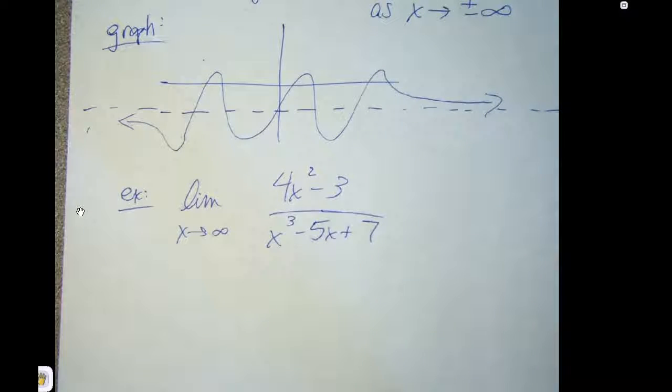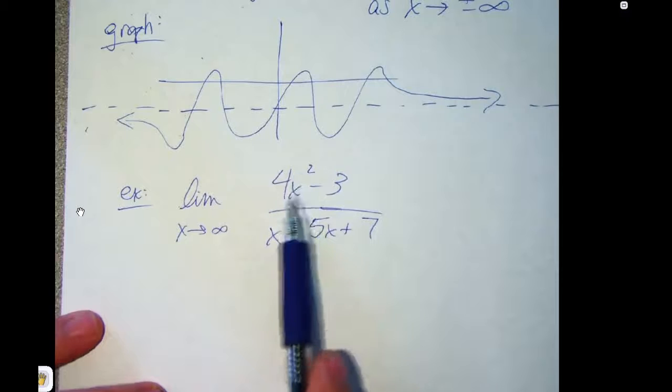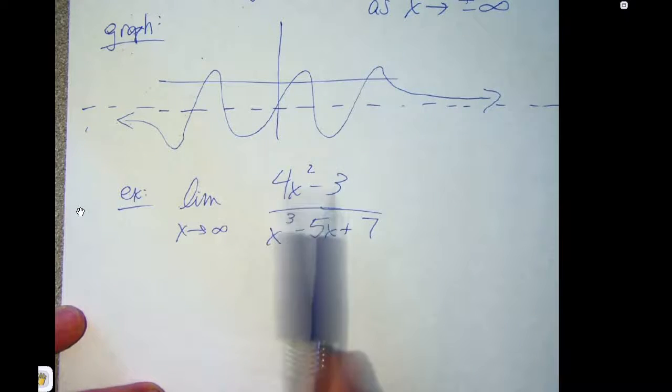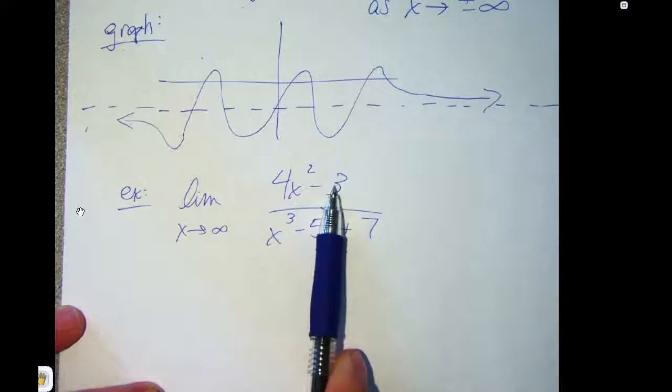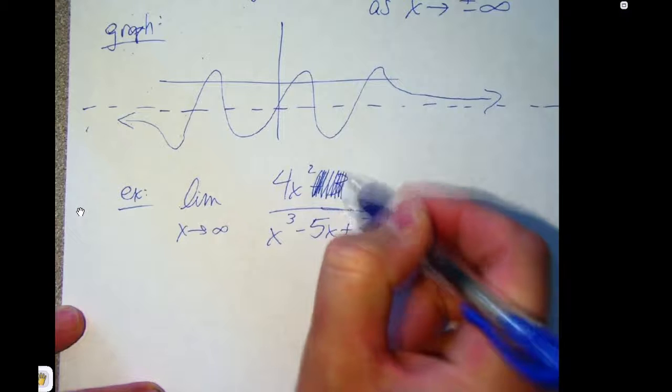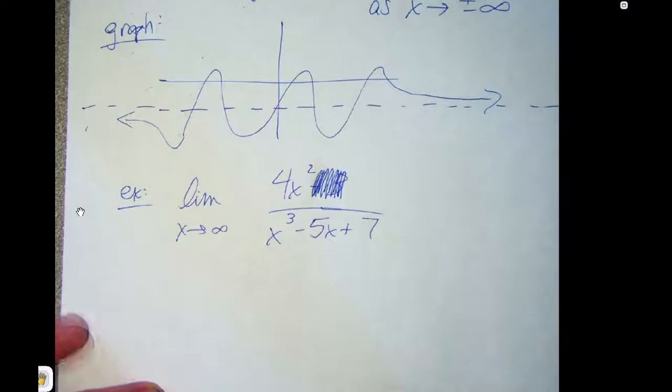Well, first of all, if I'm looking at infinity, infinity is a gigantic number. I mean, 10 billion isn't even close to infinity because infinity is just like the biggest thing you can even think of. So you got some gigantic number, you square it, multiply it by 4. Is subtracting 3 going to do anything? It doesn't matter at that point because you're at such a big number, subtracting 3 is irrelevant. The same thing with this minus 5x and plus 7.